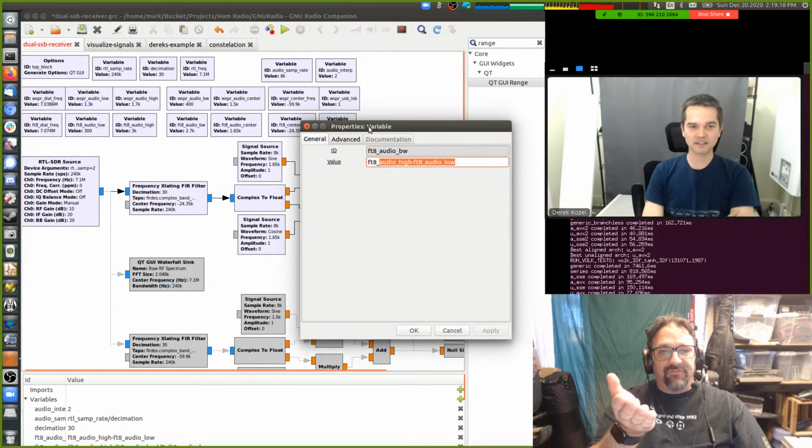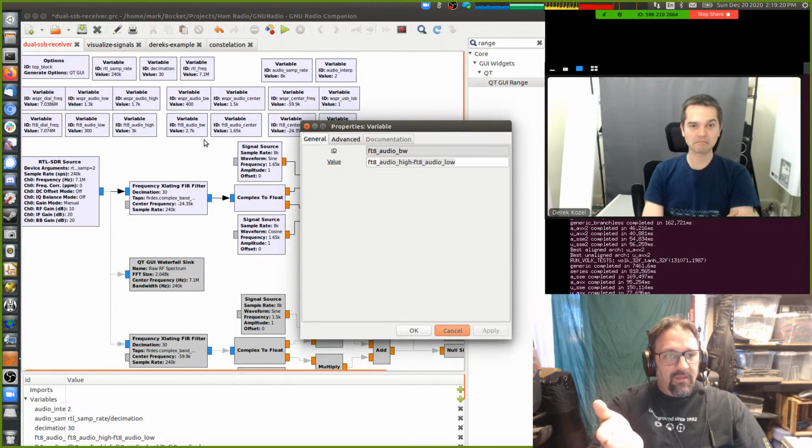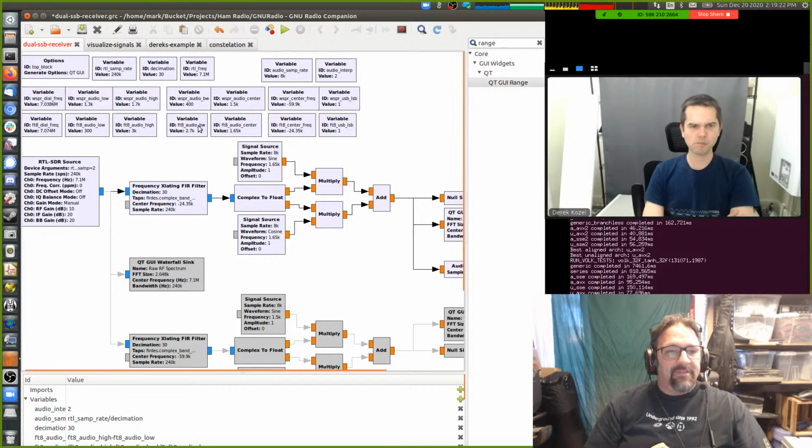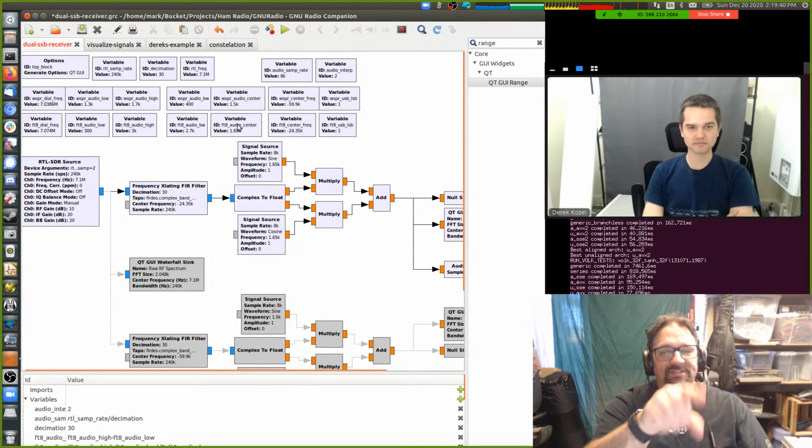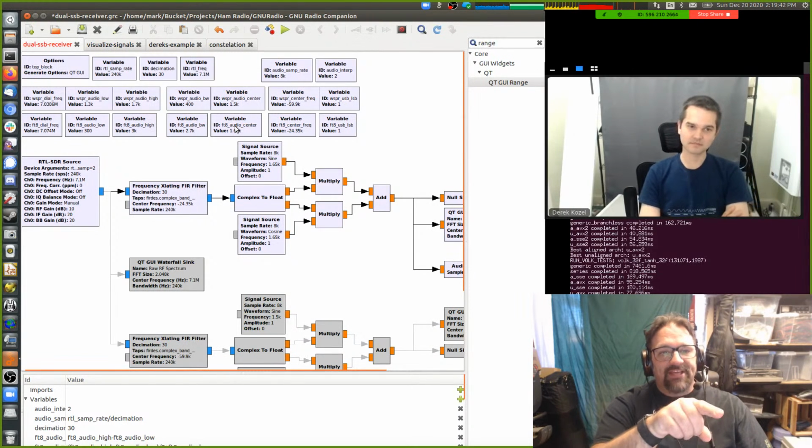So you can do math in these variable blocks. So there we're calculating the bandwidth. Here we're calculating the center frequency, which is 1.65, the high minus low, divided by 2. What's half the bandwidth plus the low frequency, right? So there's our center frequency for the audio passband that we're trying to do.